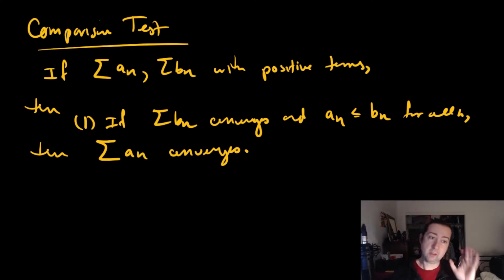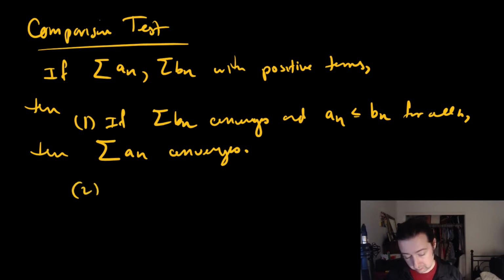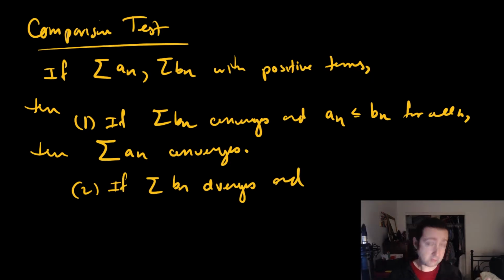That is to say, smaller than something finite means you're finite. Two, if the sum of the b n's diverge, and the second series is larger, well, larger than a divergent series is divergent.